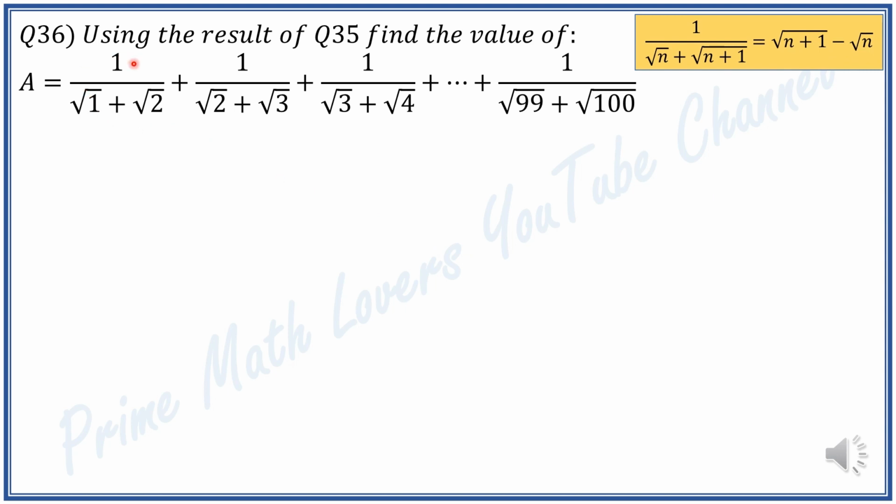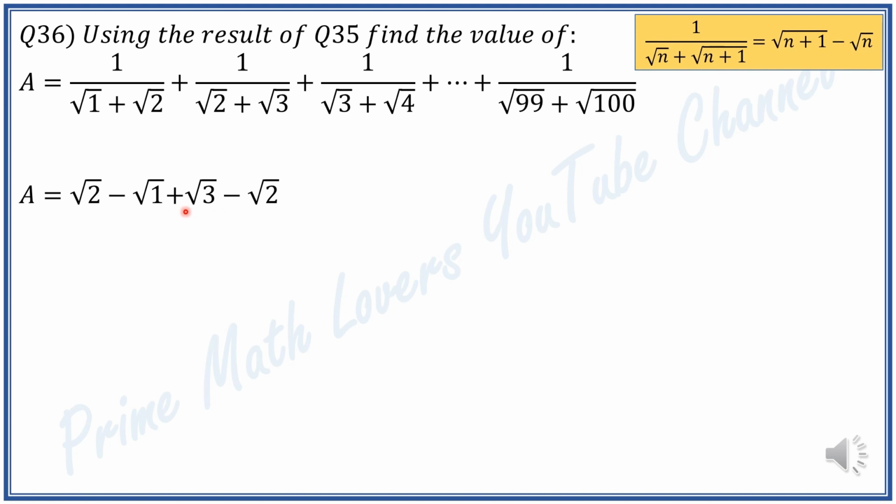So for the first fraction, 1 over square root of 1 plus square root of 2, if I assume n as 1, I can write this fraction as square root of 2 minus square root of 1. In the second fraction, we assume n as 2, so it will be 1 over square root of 2 plus square root of 3, which is equal to square root of 3 minus square root of 2.